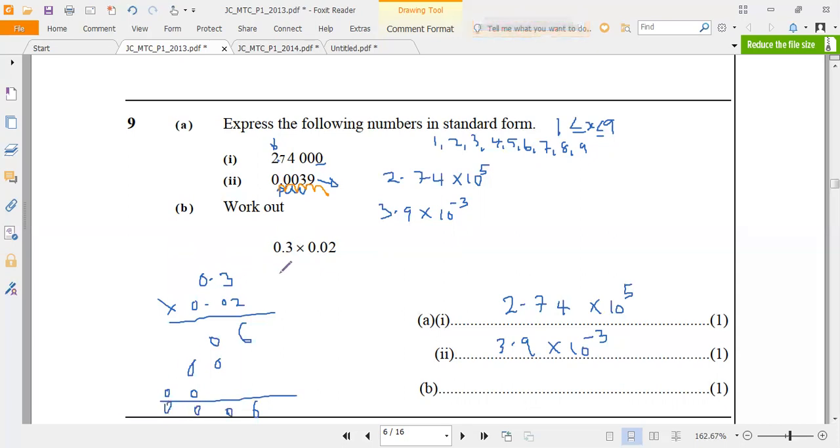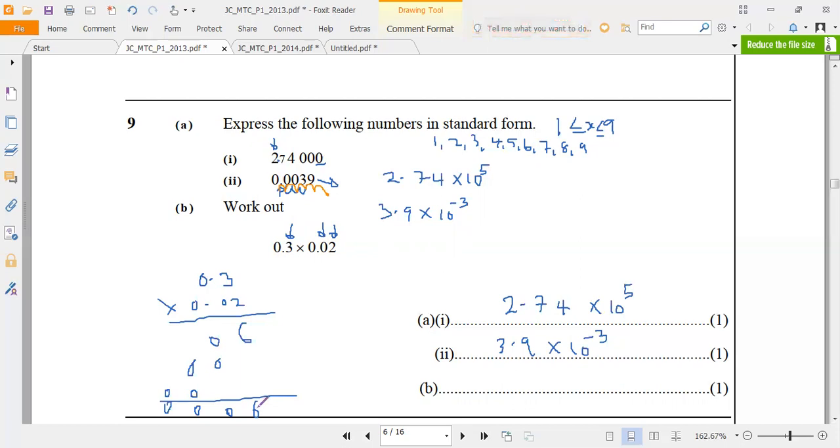To know where to place the decimal point, count the number of numbers that are after the decimal point in the question. The answer should also have that many numbers after the decimal point. If we look here, we have one number, then 2, and this is the third number after the decimal point. So the answer should also have 3 numbers after the decimal point.